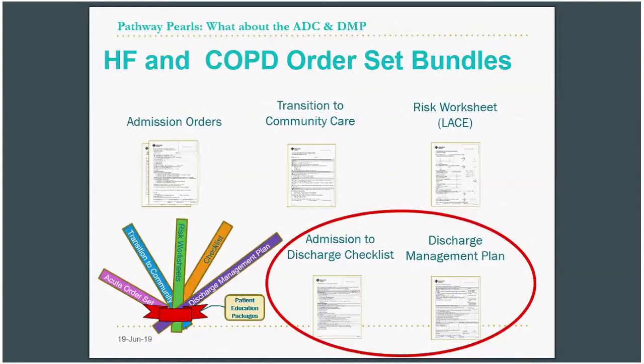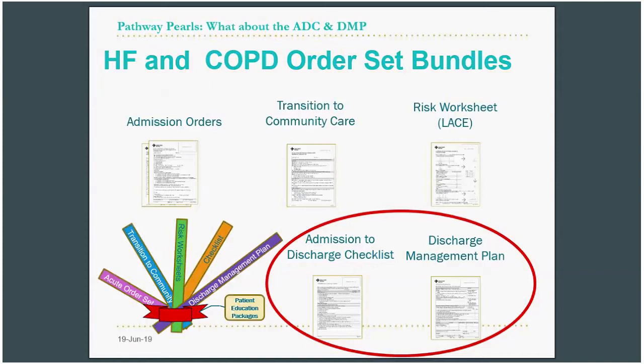For those of you who have not seen it, this is what the heart failure and COPD order set bundles look like. They come as a package. The first 2 pages you see there are the admission orders. They're the traditional physician order sets where the physician ticks off which items he would like to order, specific to medication, maybe oxygen, diagnostic testing. The next piece is the transition to community care.